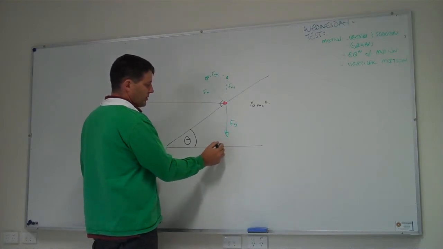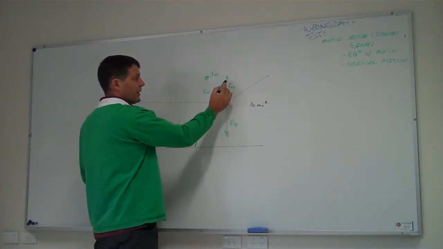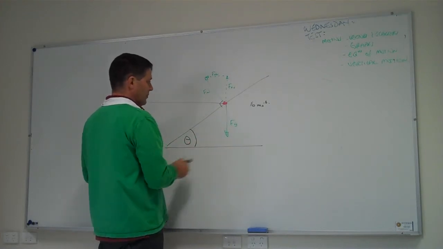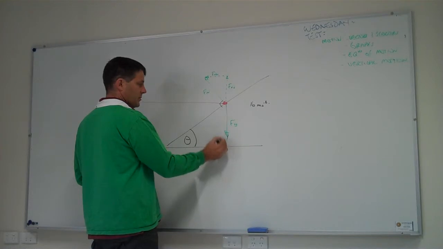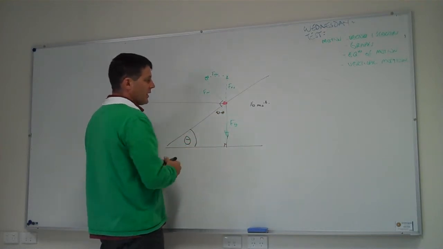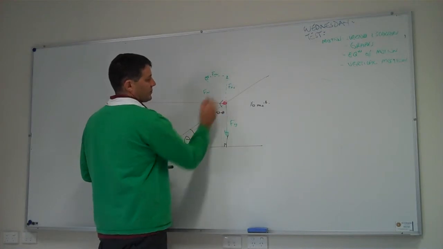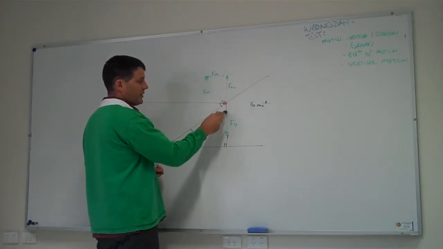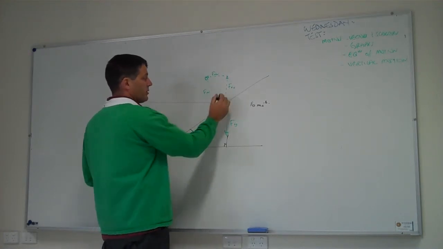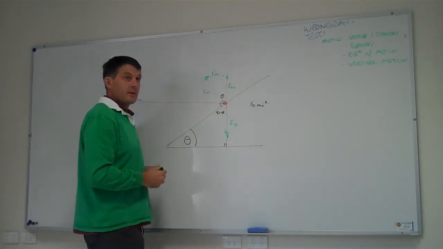We also know that the angle between Fn and the horizontal is 90 degrees. So basically this angle here is 90 minus theta. And if that straight line through there is 180, then that angle in there has to be equal to theta. It gives you a bit of basic geometry.